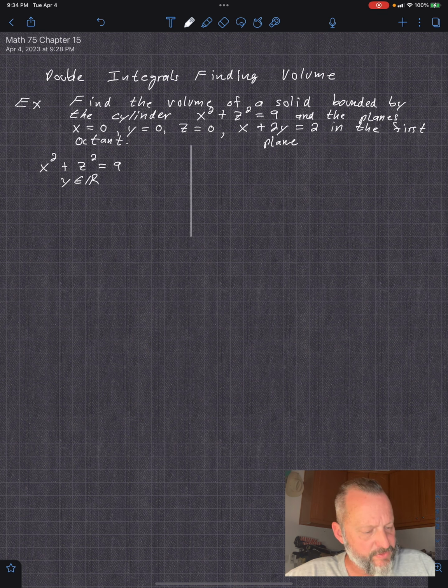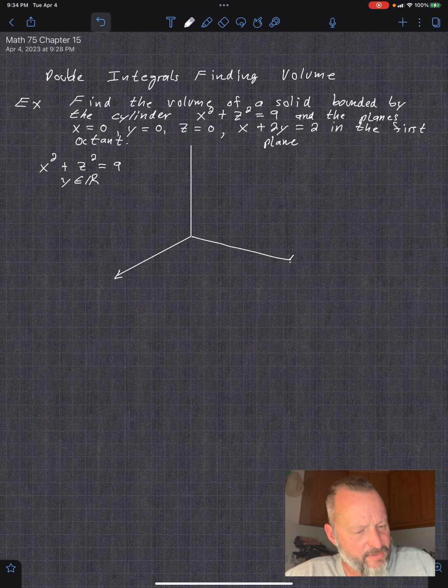Drawing your coordinate system, XYZ plane, or coordinate system. So here's your y. Let me back that off. That looked kind of messy. Okay, so here's your x, y, and z.